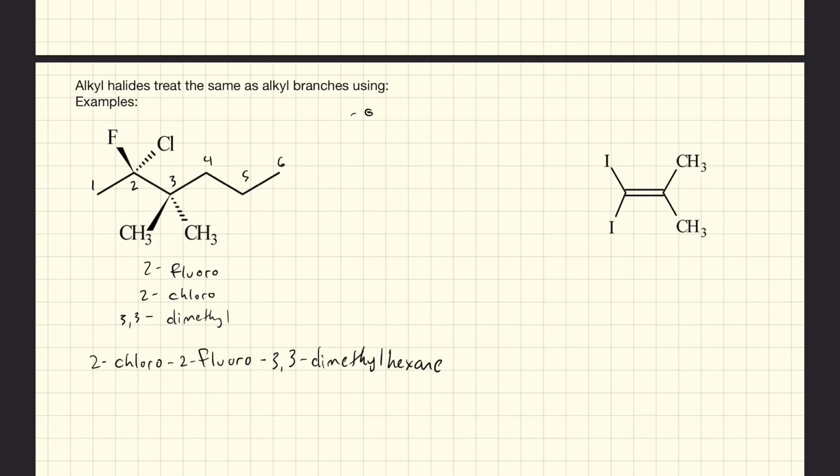Okay, why don't you give this one a try? The second one over here. Give it a try. Okay, so number the longest chain first. So it has to go through the double bond first. Doesn't matter which methyl group carbon we go to, both of the numberings end up the same.